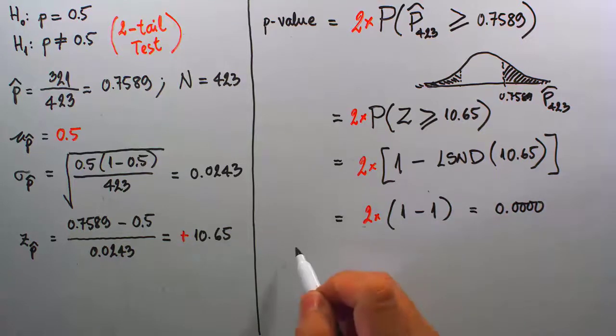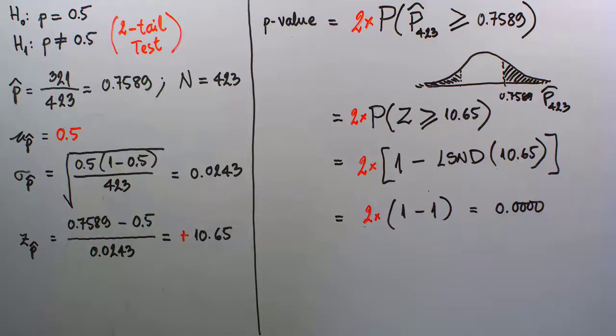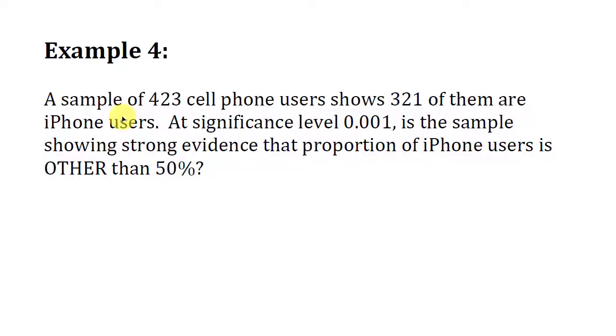And so now, once we found the p-value, the next thing to decide, because remember our role, is whether or not our sample is showing strong evidence. And that decision can be made by using the significance level, 0.001.